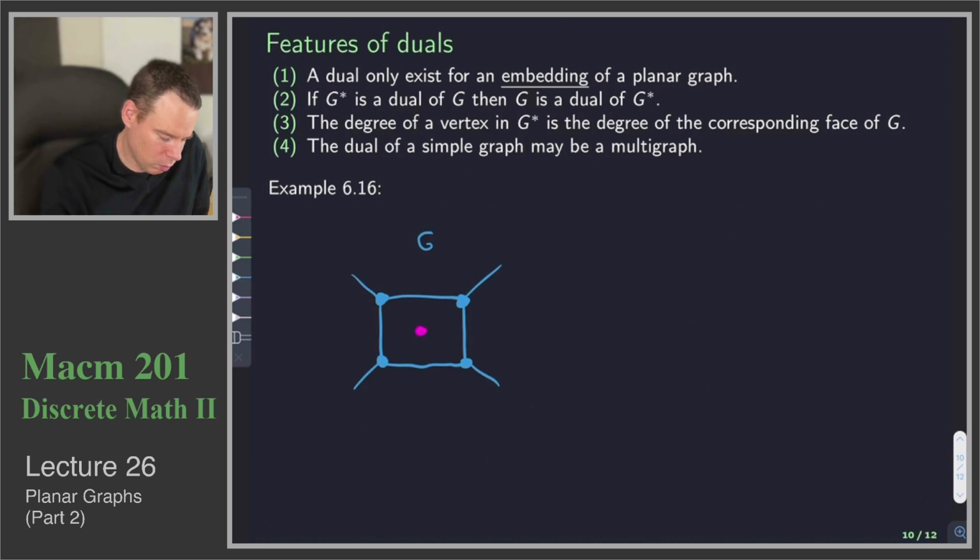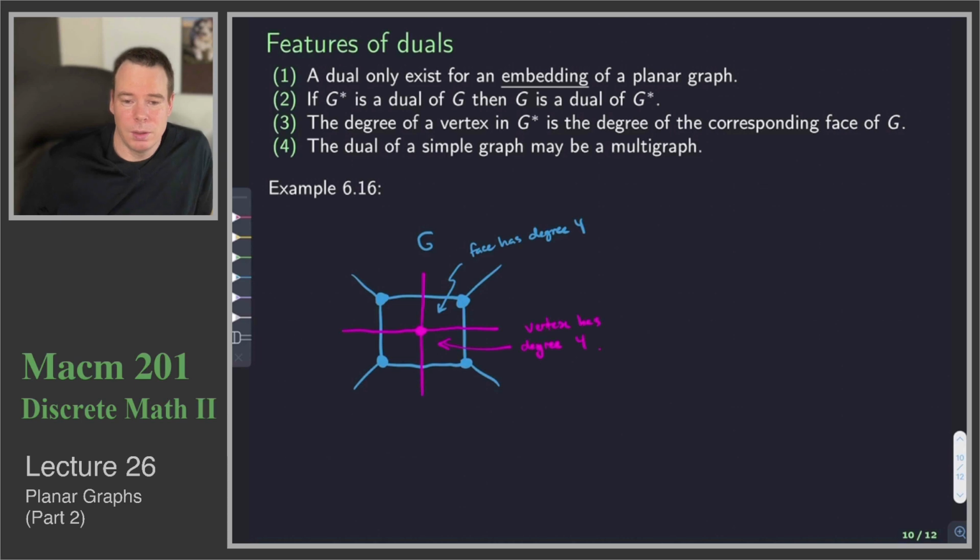And when I construct the dual graph, I end up adding edges, one edge for every edge around the facial walk of that face. And so the thing to note is that this face has degree 4, and that's precisely the degree of this vertex. So maybe I'll say this vertex has degree 4.